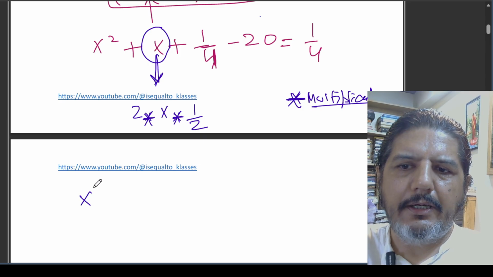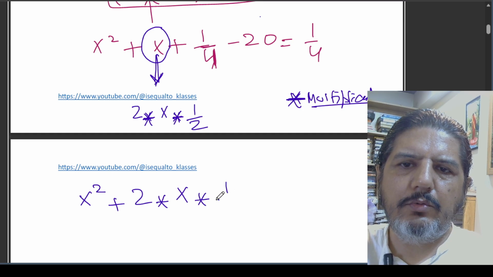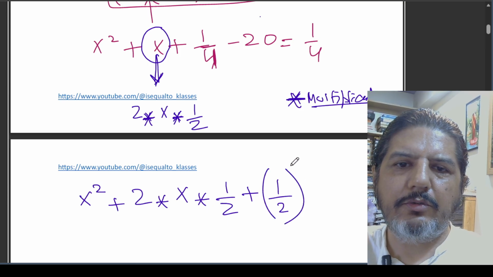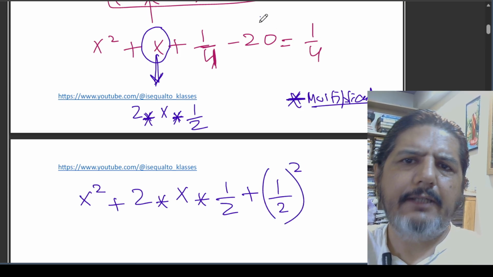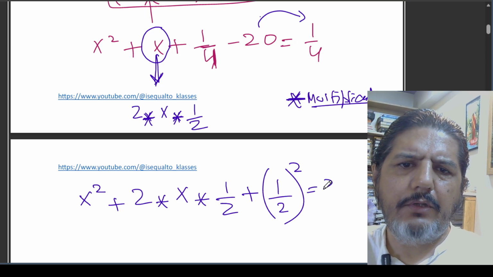So again, x square plus 2 into x into half plus this 1 by 4 can be written as (1 upon 2) whole square, and then this minus 20 I'll take on the right hand side, is equal to 20 plus 1 by 4.